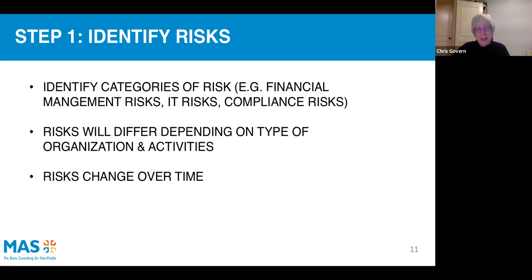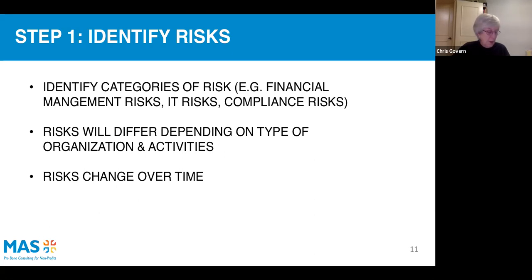So you would all likely have the risk that you operate outside of your bylaws, but other risks would be very dependent on the type of organization. An advocacy organization would have very different risks from a social services organization.